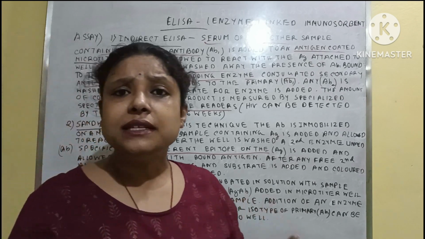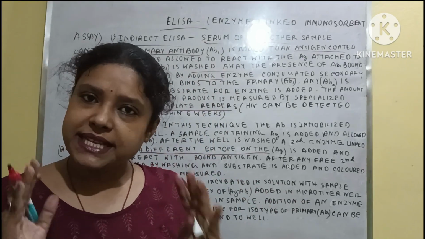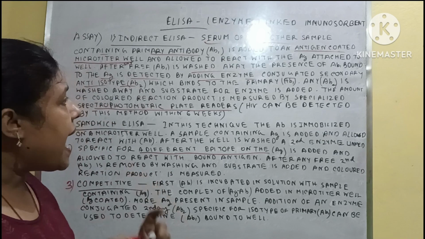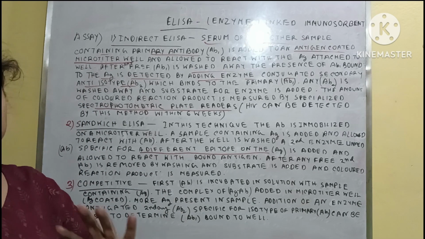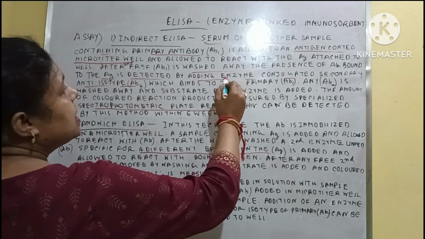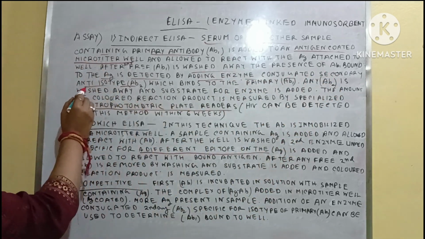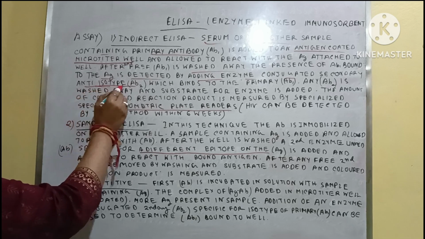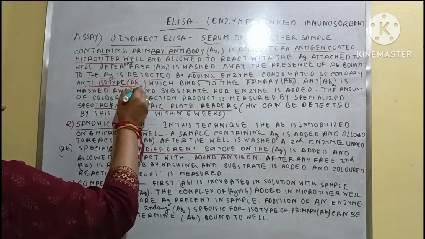In the microtiter well the antigen antibody complexes are already there, and after washing away the free antibodies, we have to add the enzyme conjugated secondary anti-isotype antibody, AB2.